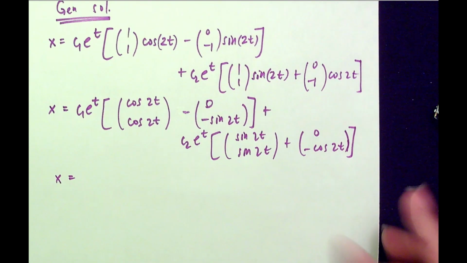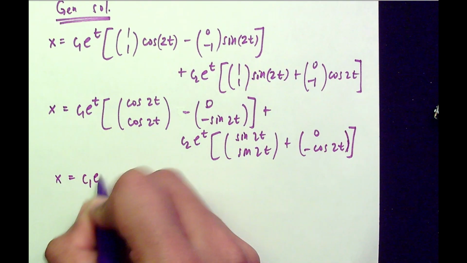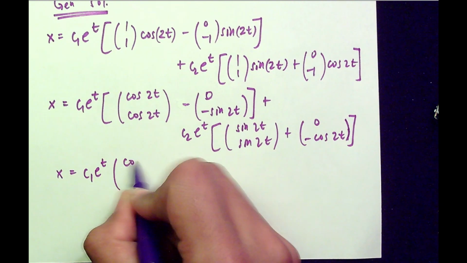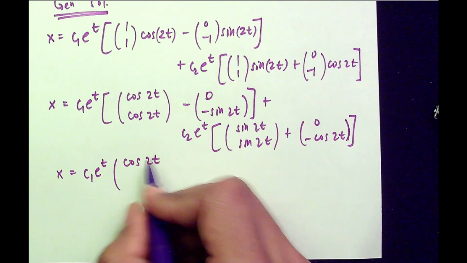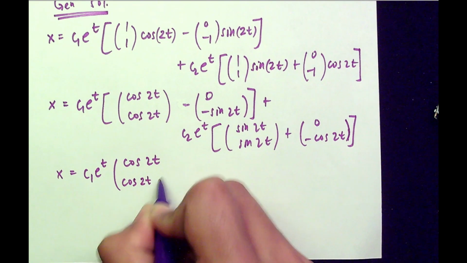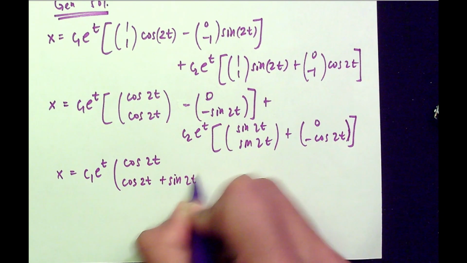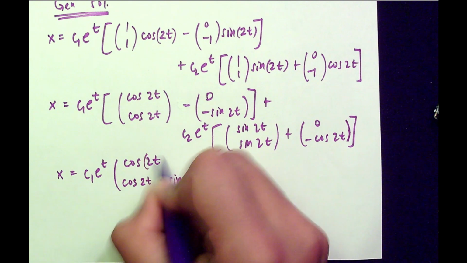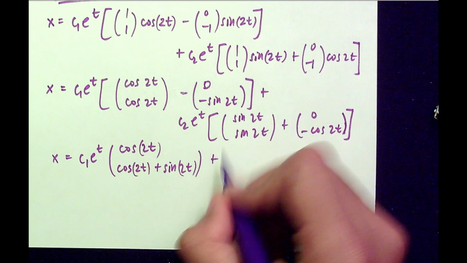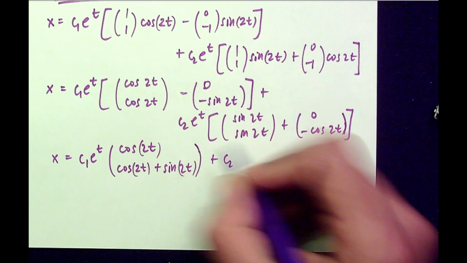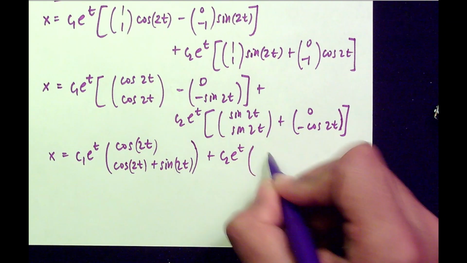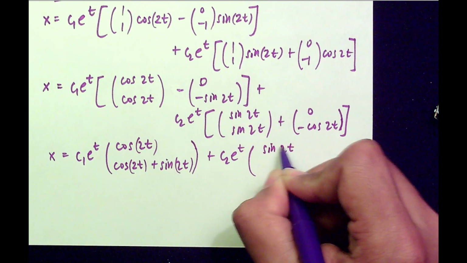And almost there. Now this is going to be c1 e to the t, and then combining these two vectors, that will be cosine of 2t. And then on bottom, that minus and that minus gives you positive. So cosine of 2t plus sine of 2t. You can put parentheses on the arguments there. And then this is c2 e to the t, and then sine of 2t.